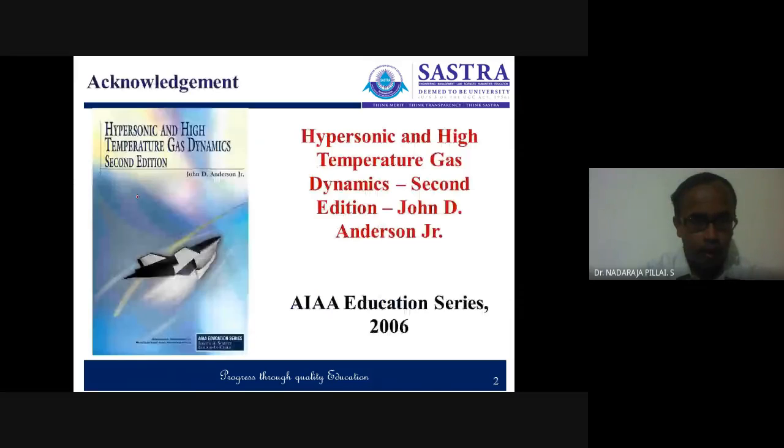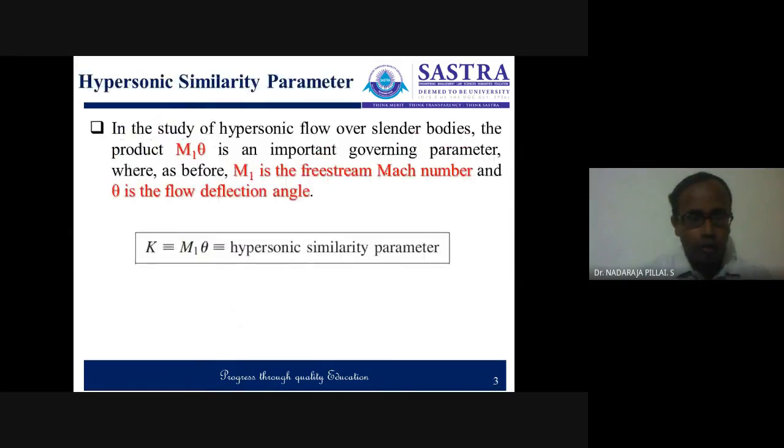I acknowledge John D. Anderson's Hypersonic and High Temperature Gas Dynamics. So we will move to the hypersonic similarity parameter. In the study of hypersonic flow over a slender body, the product of M1 and theta is an important governing parameter.